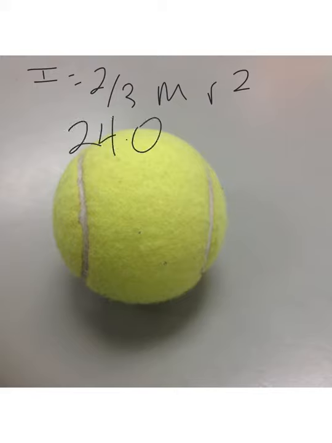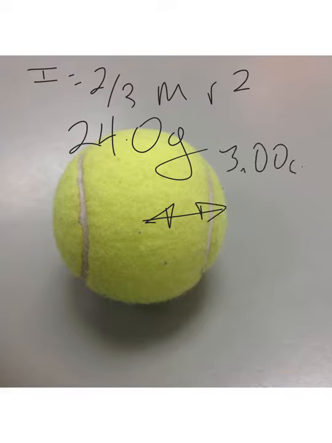Might want to work a little magic with that. And you've got a radius of 3 centimeters. With that information, you've got the radius, you've got the mass. So at this point, you can calculate I.